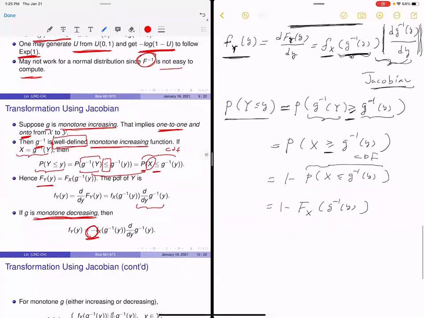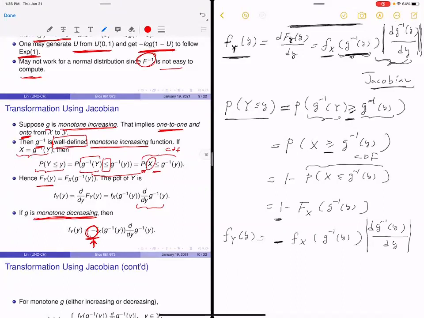When you differentiate to find the new random variable y, the 1 becomes 0 and a minus sign comes out. That's exactly where the minus sign comes from. It's the G inverse of y, and then again, nothing but the Jacobian. Sounds good?